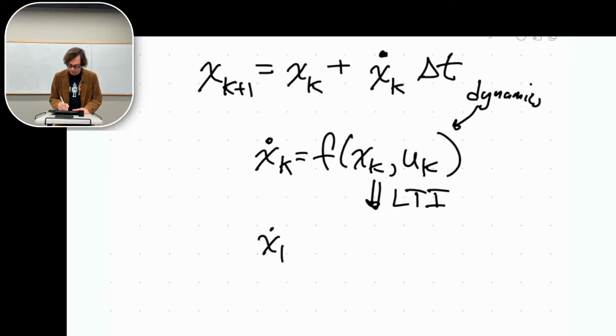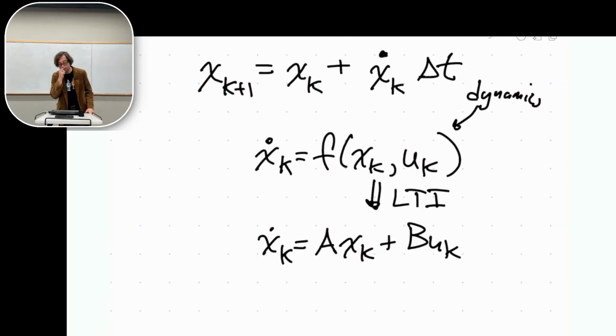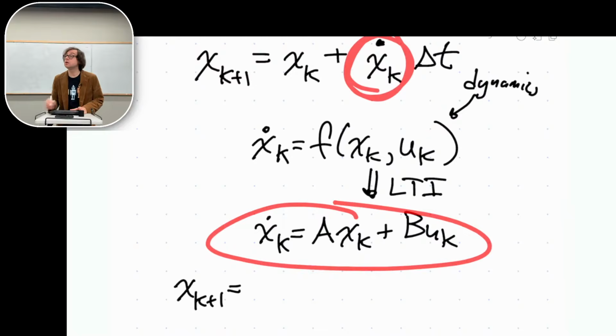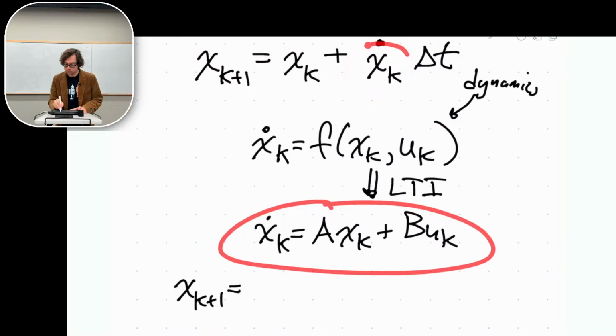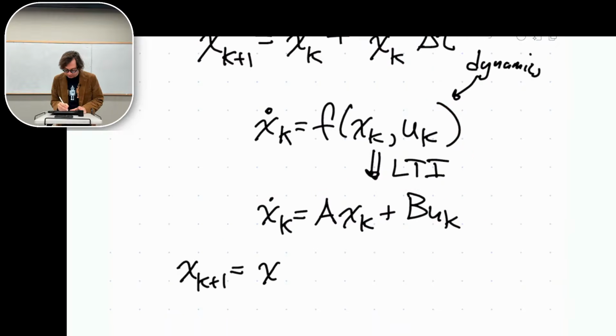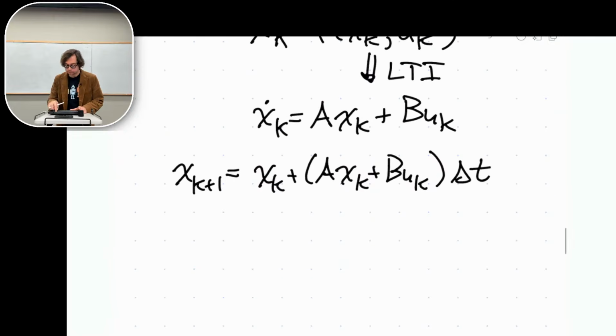That's right. x dot is equal to A x k plus B u k. Therefore, x k plus 1, let's substitute these dynamics right into our update there. Not too bad, right? x k plus (A x k plus B u k) times delta t.